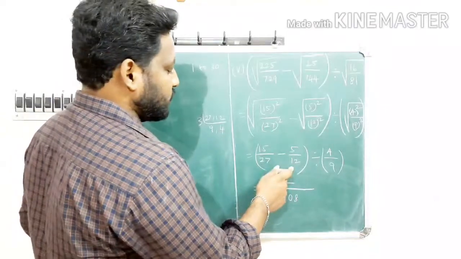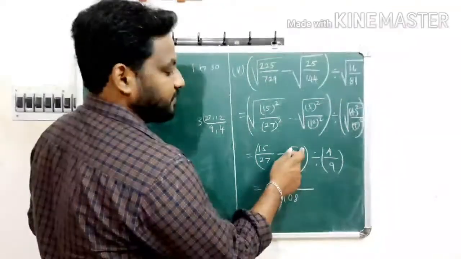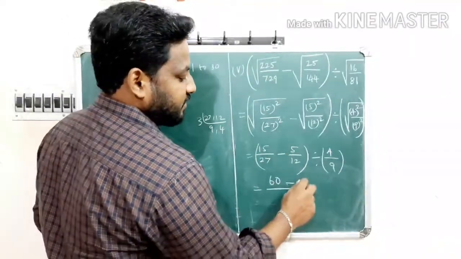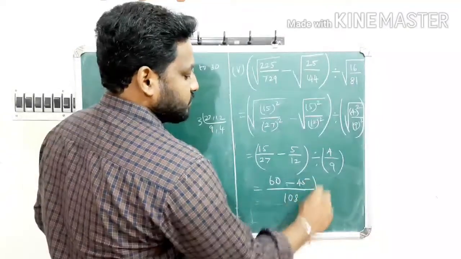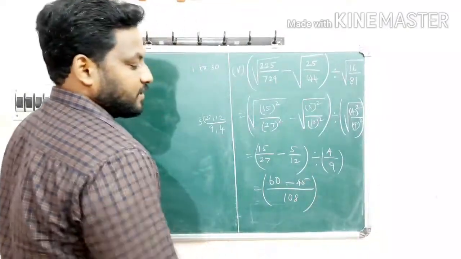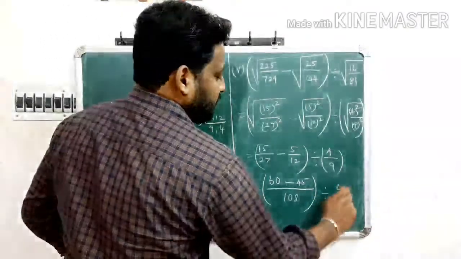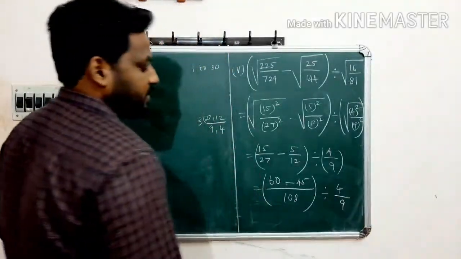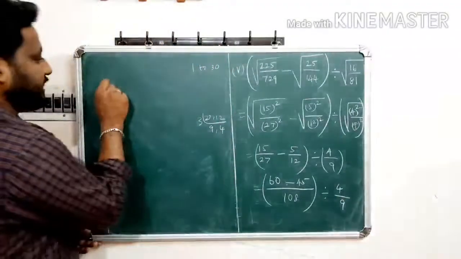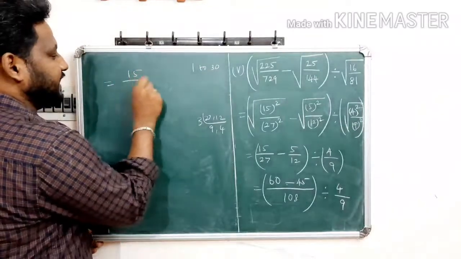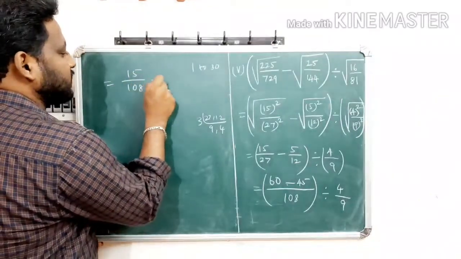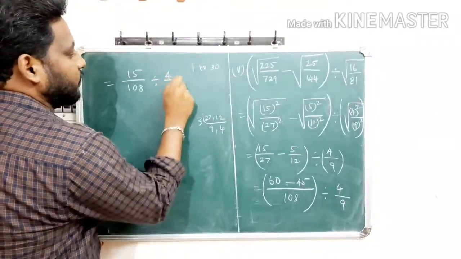So we have to multiply by 9 by 9. So 5 9s are 45. So 60 minus 45, which is equal to 15 divided by 108. The whole divided by 4 by 9.